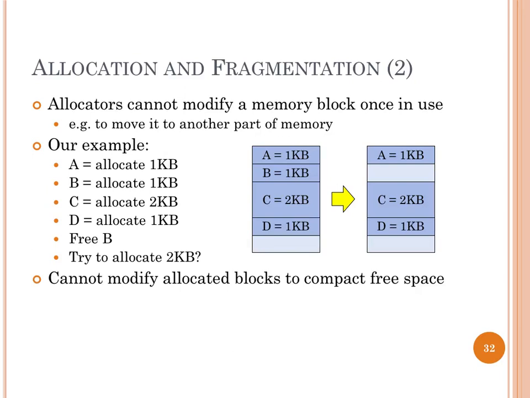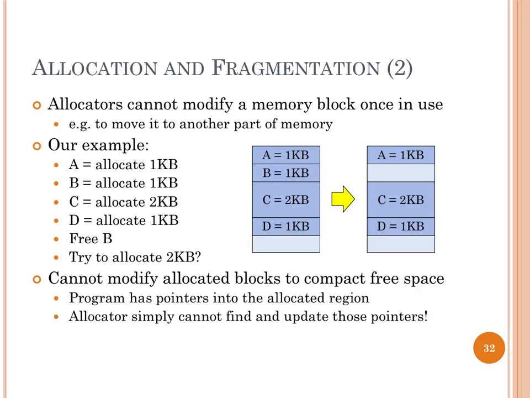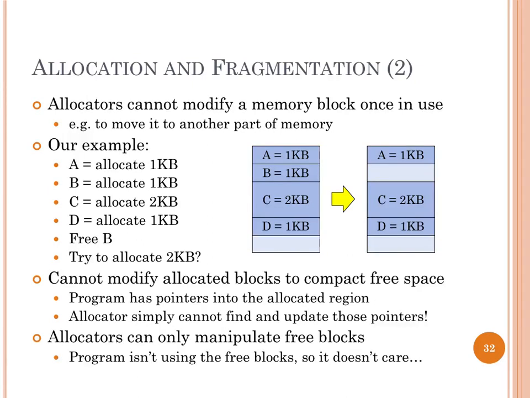This is a problem of explicit allocators. Once we've handed over a chunk of memory to the C program, for example, or the C++ program, we have to leave hands off. We can't touch it, we can't move it, we're stuck. Okay? So that's the issue there. Does this make sense? All right.